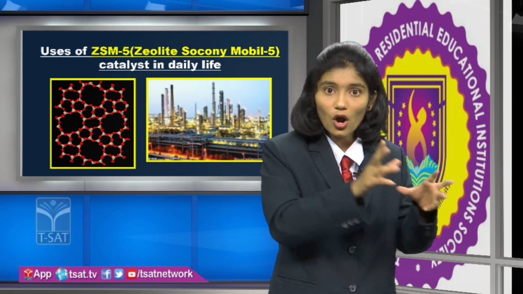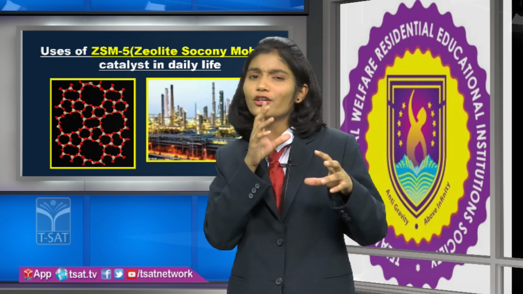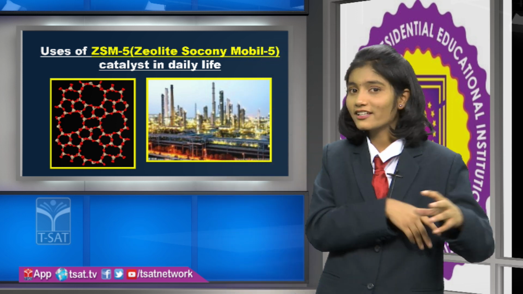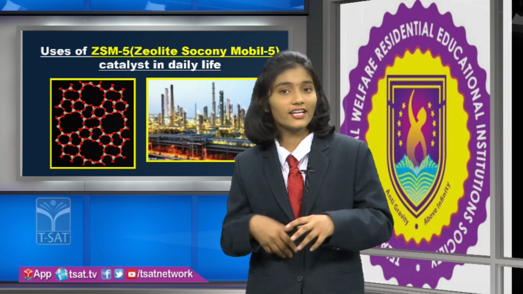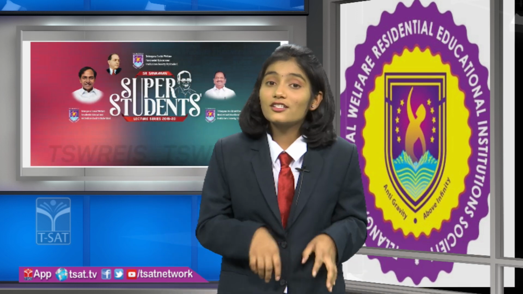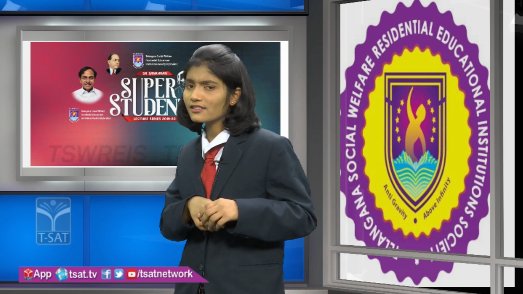It converts alcohols directly into gasoline, right? Hope you have understood what is the activity of a solid catalyst, what is the selectivity feature of a solid catalyst, and also shape selective catalysis, right friends?